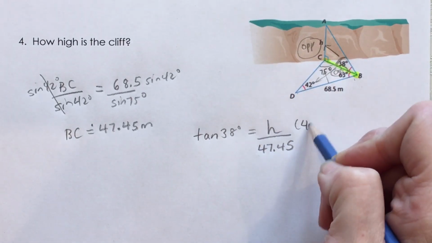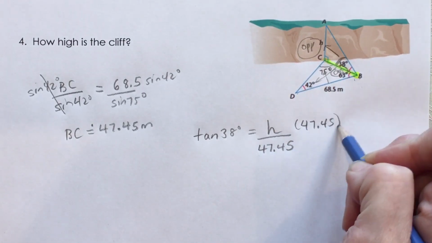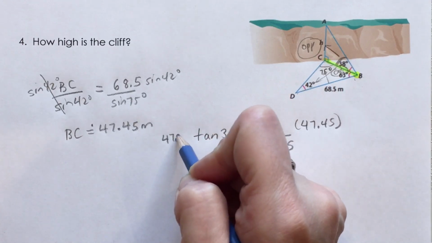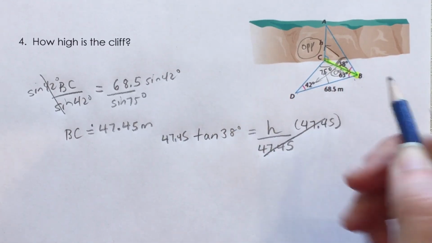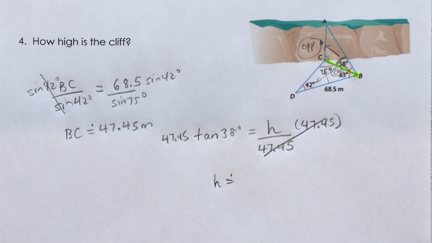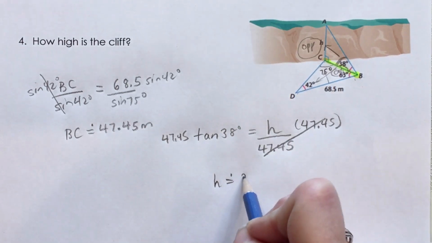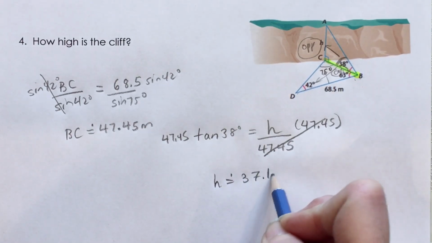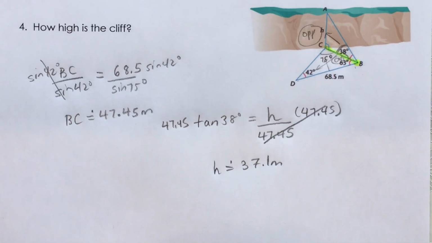We want to get H by itself. So we can multiply both sides by 47.45. And we get the height of the cliff to be approximately, so 47.45 multiplied by the tangent of 38 degrees equals about 37.1 meters. And then we'll answer the question.